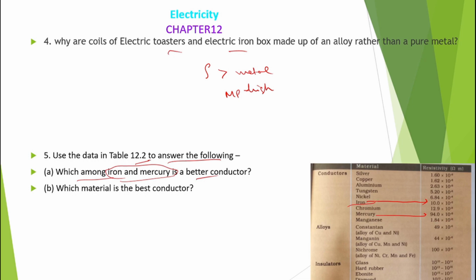So iron is a better conductor. Second question, which material is the best conductor? Just see this table, silver is the best conductor, as it has the least resistivity.